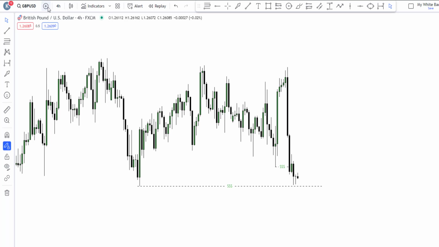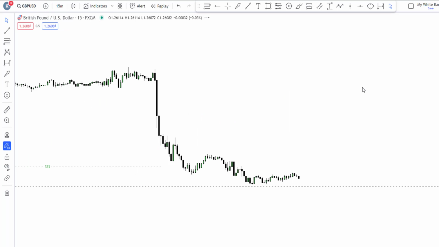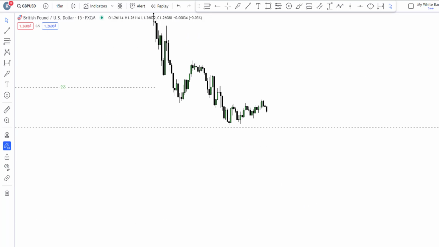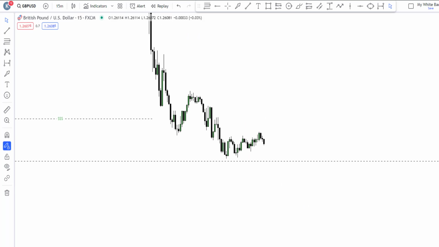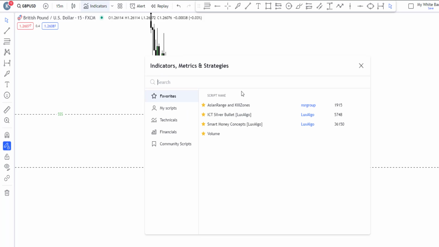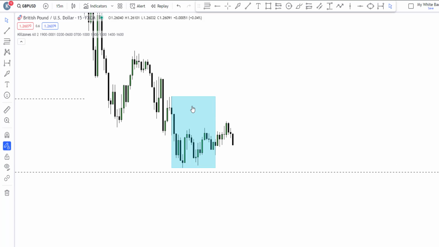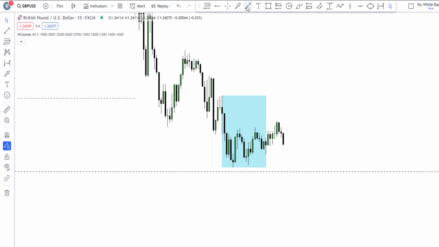So if you're trading any of these strategies, such as the London kill zone strategy, you want to watch the Asian session being swept before you take trade. If you go to your indicator for Asian range kill zones, if you see which of these direction price is sweeping liquidity, now the target is basically to look at this area, macro area. We have this price action coming to that area.